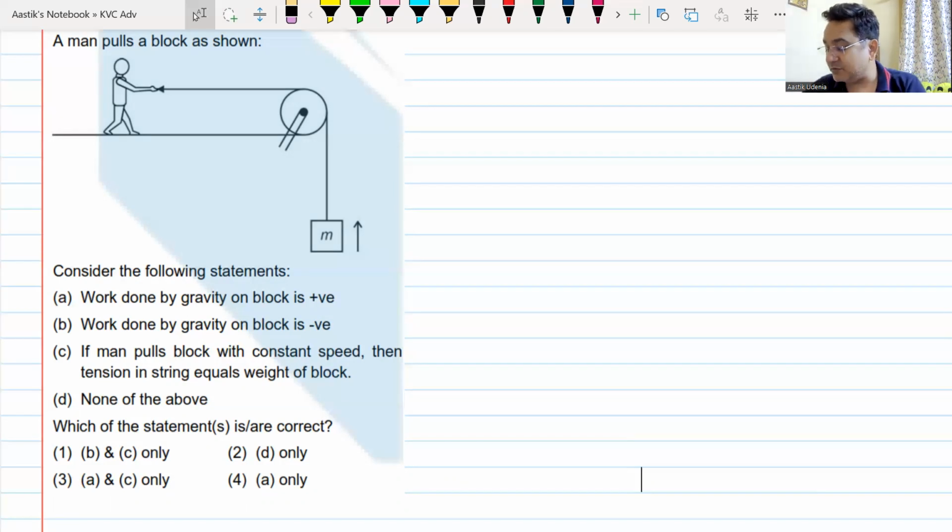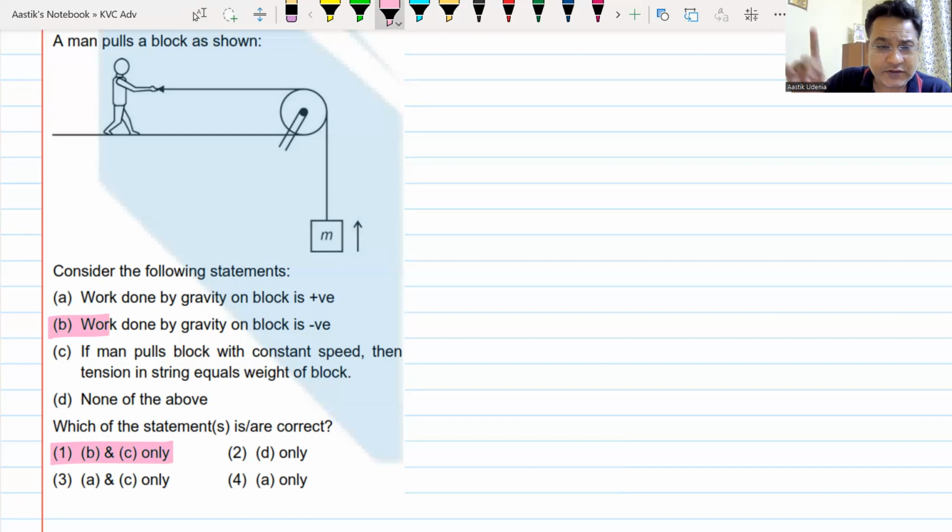As soon as you know that option B has to be correct, you don't have to look for anything else. Work done by gravity is negative because the block is moving upwards. Moving with a constant velocity, acceleration is 0, tension should be equal to mg. See? Questions are pretty damn simple.